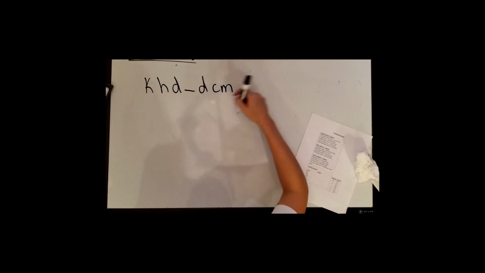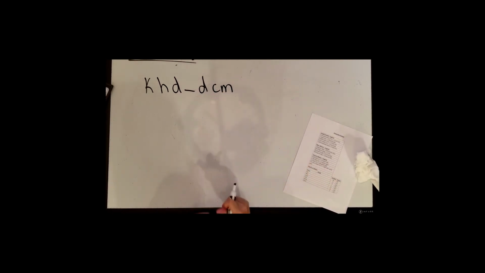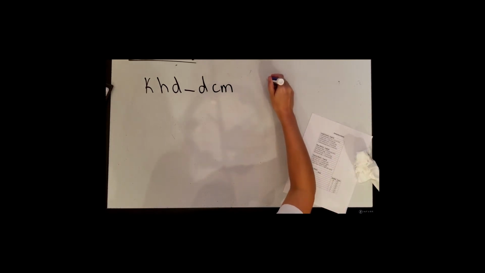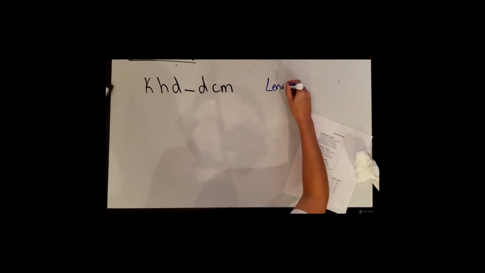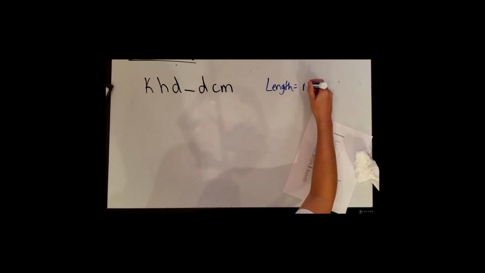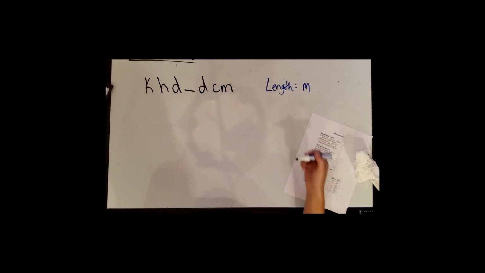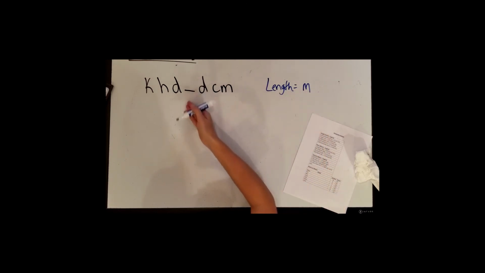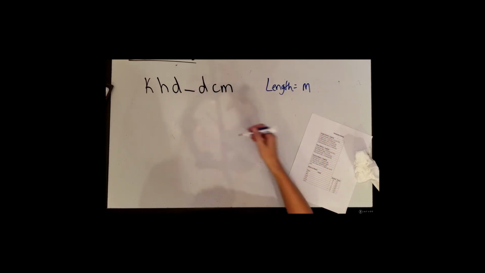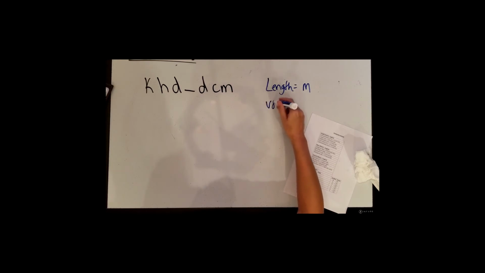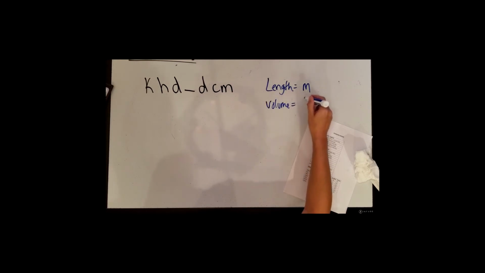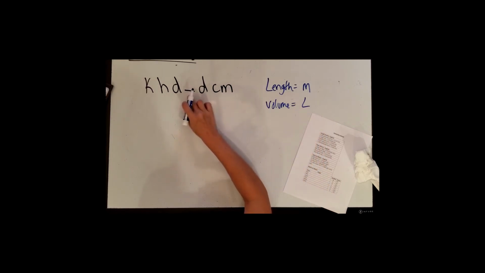So that empty space, you're going to fill that in depending upon what you are measuring. So what I mean by that is if you're measuring length, what's going to be in your empty space is m for meters, because in the metric system, meters is the base for length. If you are measuring volume, you're going to put an L for liters, because liters is the unit of volume in the metric system.